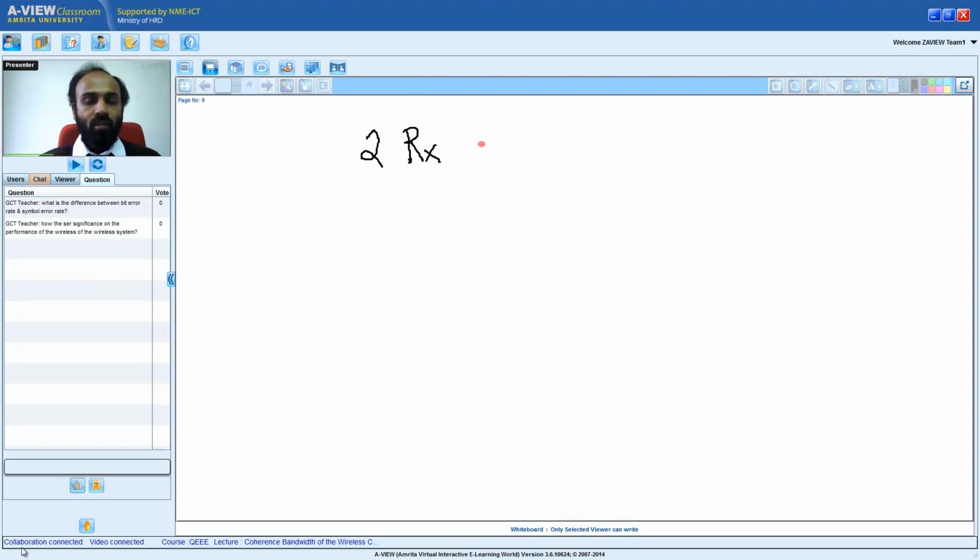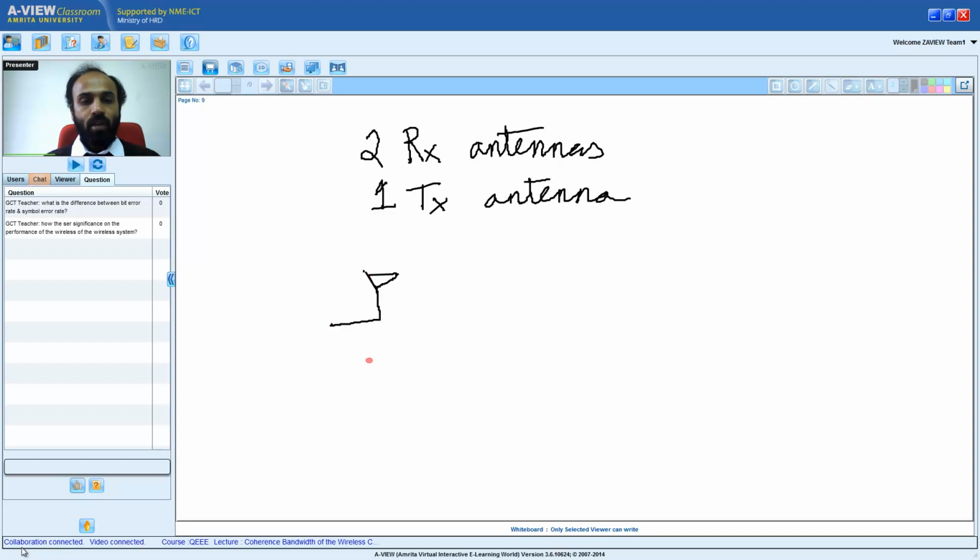two receive antennas and one TX. That is, previously I had a single receive and single transmit antenna. I am now making my system as basically two receive antennas and one transmit antenna.